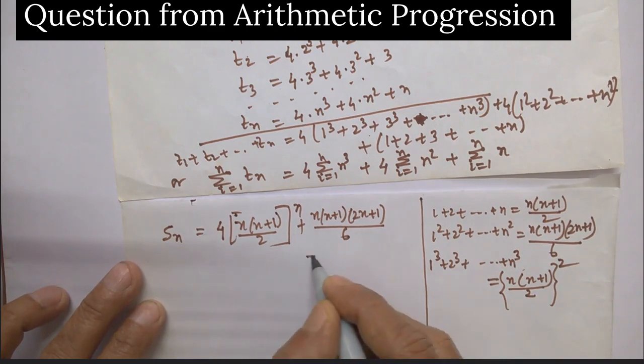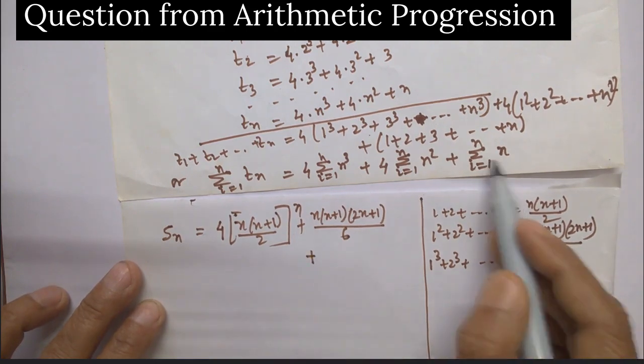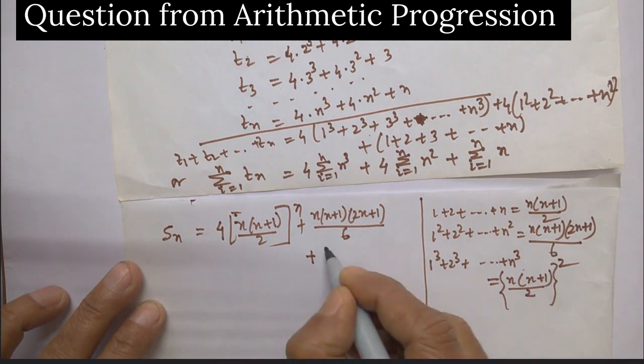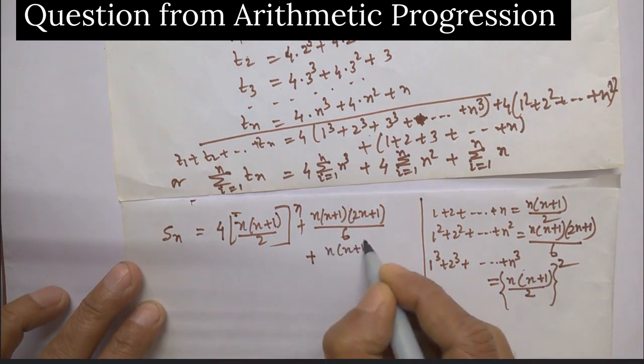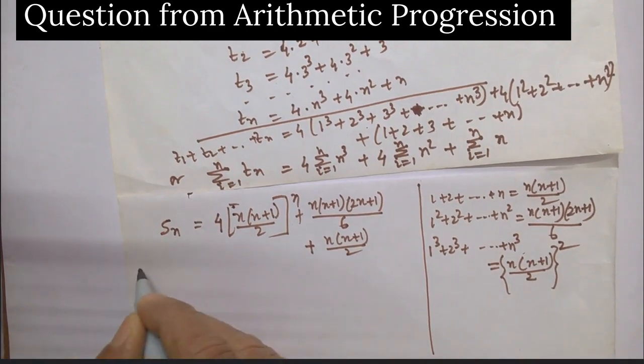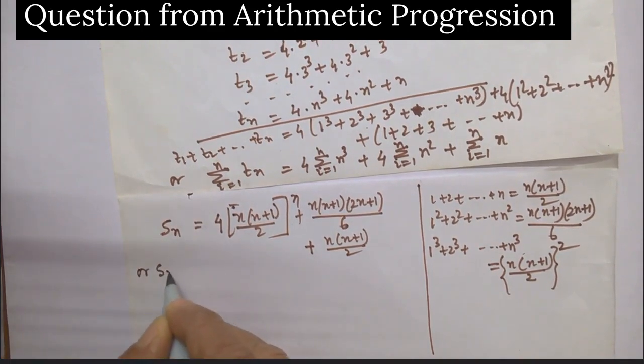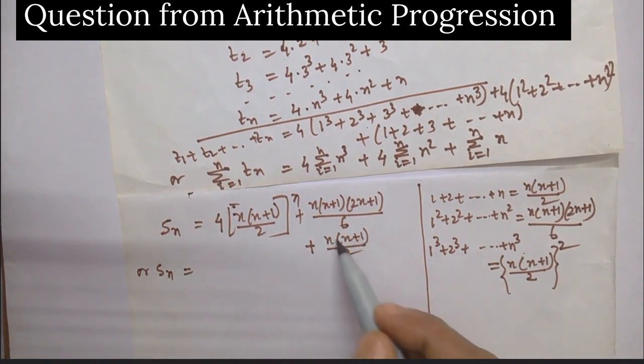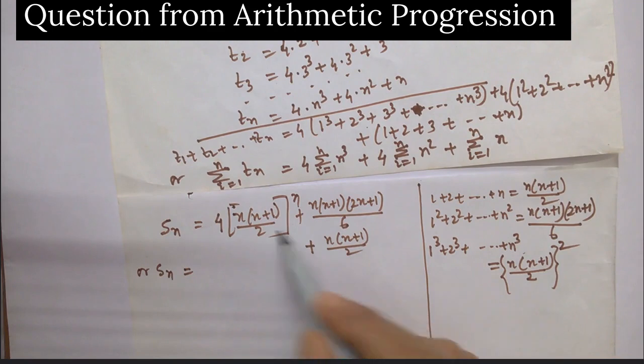Next, writing the summation of n by this formula, Sn is equal to... see, in each term n into (n plus 1) by 2 is present.